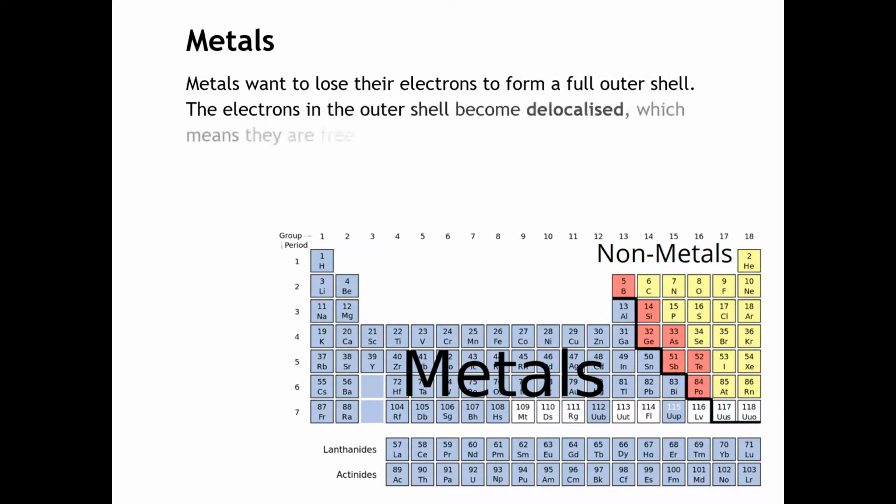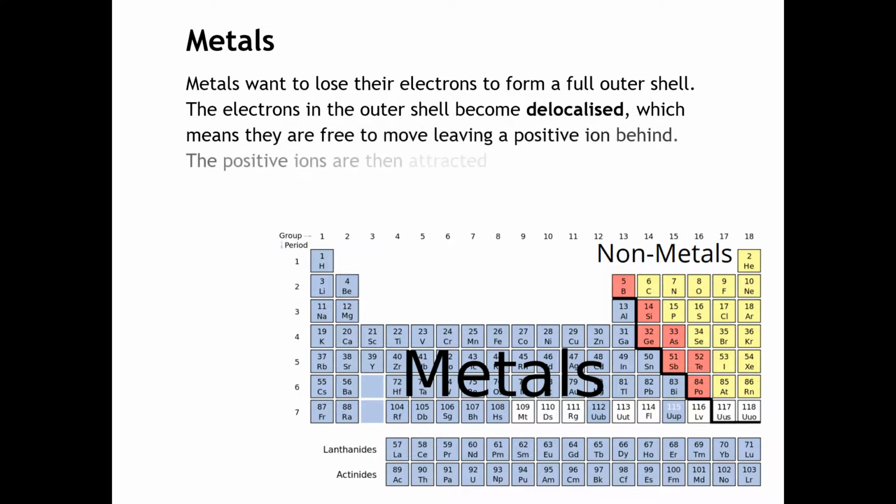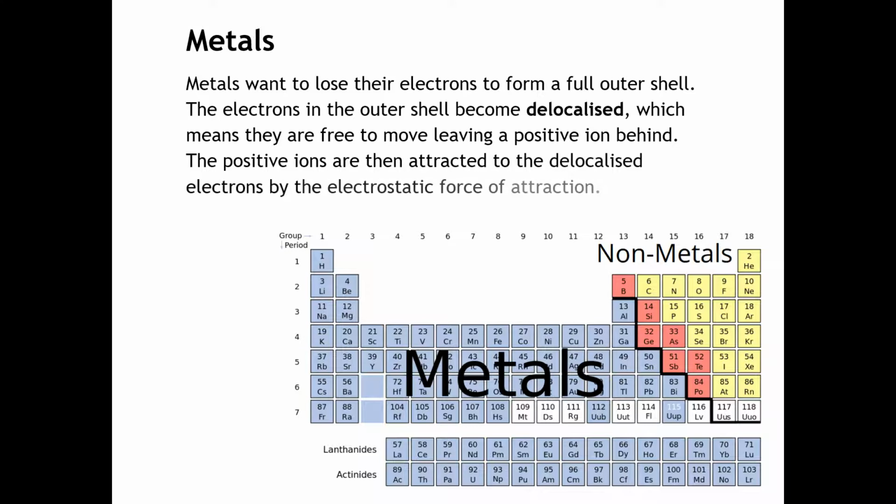The electrons in the outer shell become what we call delocalized, which means they're then free to move, leaving a positive ion behind. The positive ions can then be attracted to the delocalized electrons by what we call an electrostatic force of attraction. What does that all mean?